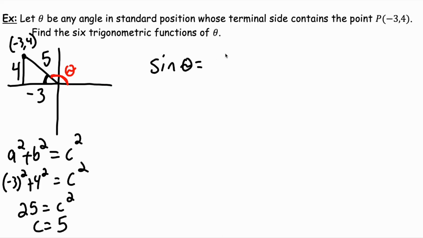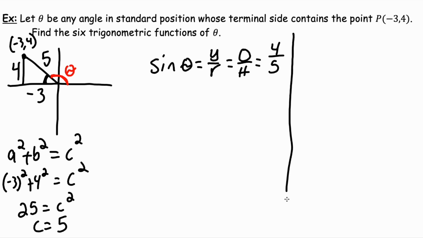I don't know what theta is, but I can still find sine of theta, because sine of theta, I can either look at its y over r or its opposite over hypotenuse, right? We learned 2 different ways now to solve this. So from my angle, opposite is 4, hypotenuse is 5. So I have 4 over 5. Now, once I know sine, I automatically know what cosecant is, because cosecant is just the reciprocal. So that's 5 over 4.